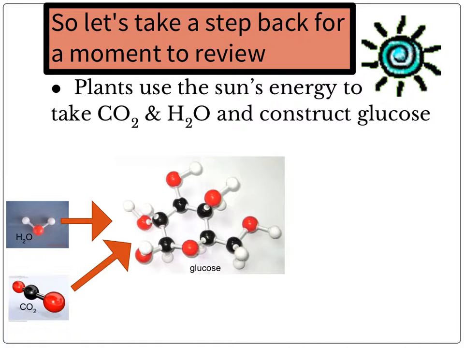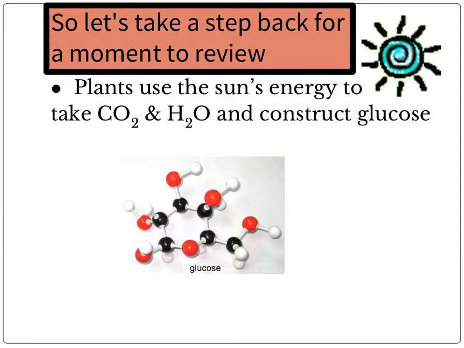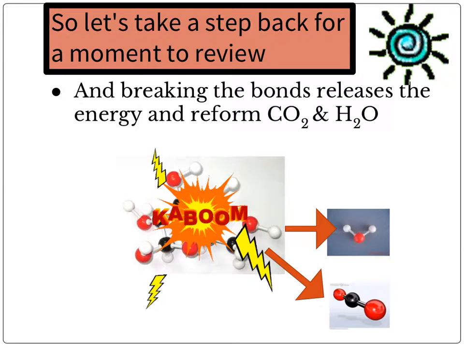So let's just take a step back for just a moment here. Kind of in summary, a plant uses the sun's energy to take carbon dioxide and water to construct this energy storing molecule called glucose. And inside that glucose molecule, you have energy stored. But to get to that energy, you will need to break the bonds between the atoms and free them.